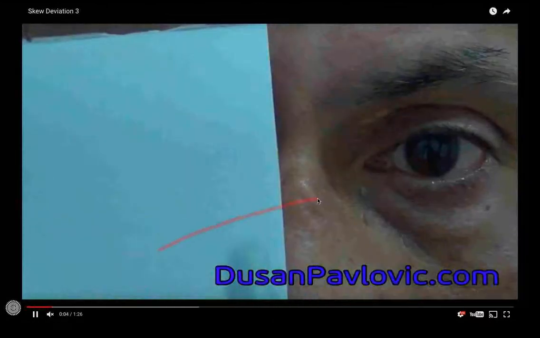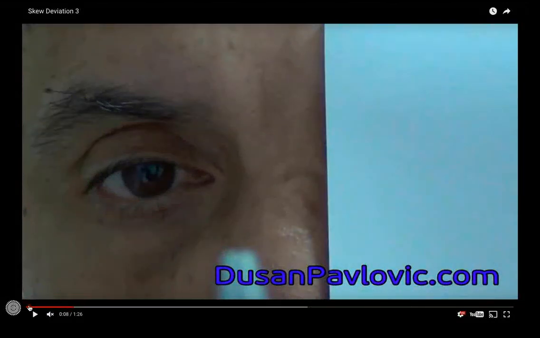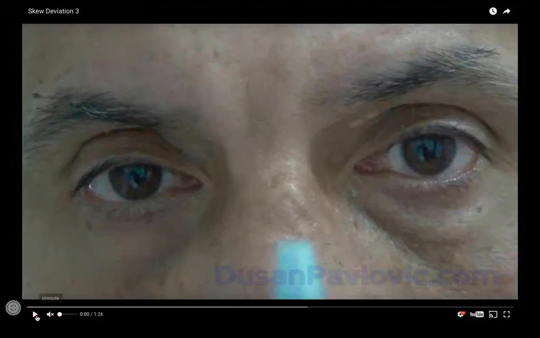This is another interesting presentation here. Once again, we can see that the ocular alignment is skewed. We've got an elevation of the left eye here, and a depression of the right.